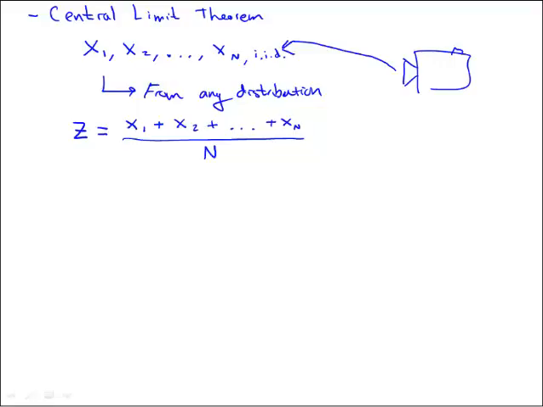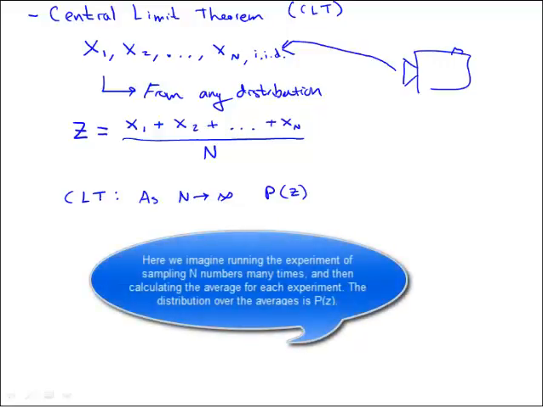The central limit theorem, CLT for short, tells us that as n goes to infinity, the probability distribution over z, over the average of all of our samples, goes to a Gaussian.